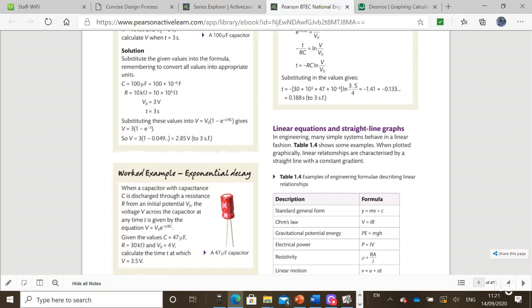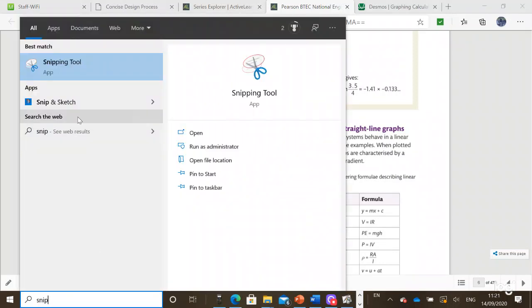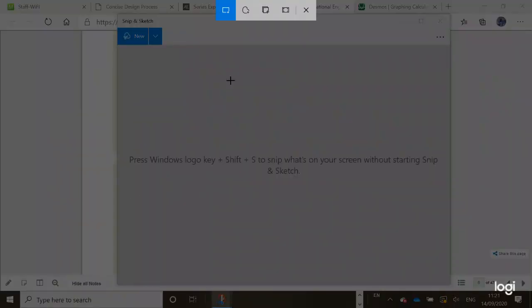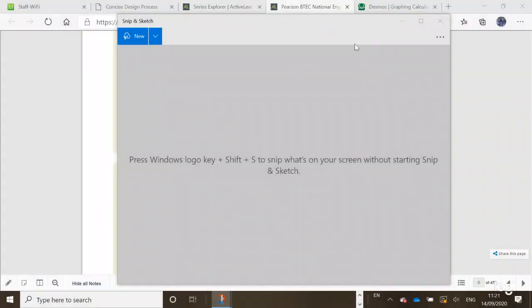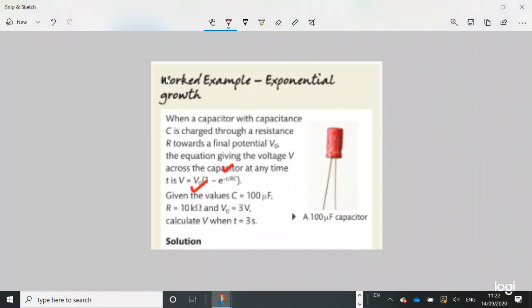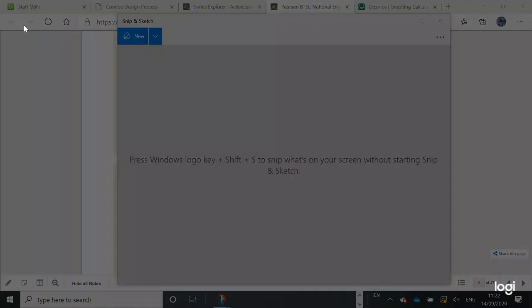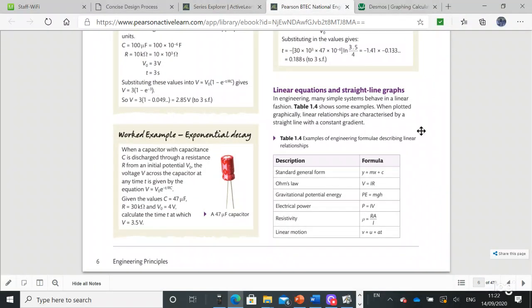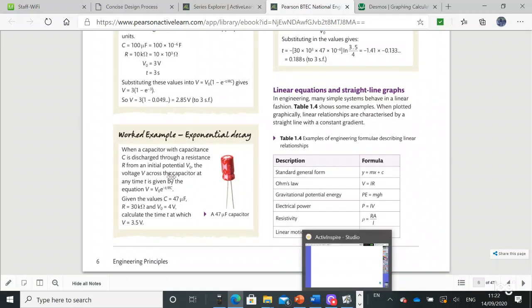If you can see it, can you calculate what time t is equal to? Sketch again, and then bring that. Right, that's not good, it doesn't like it. Okay, let's just put it here.